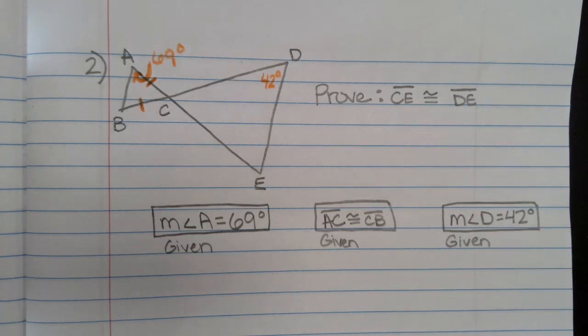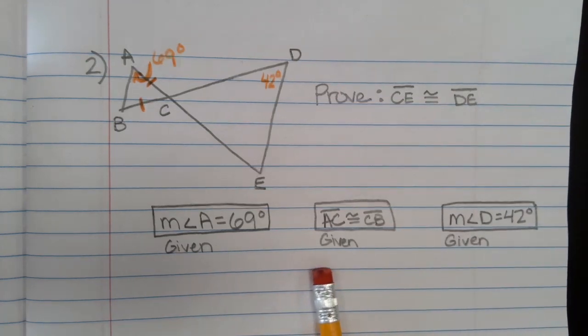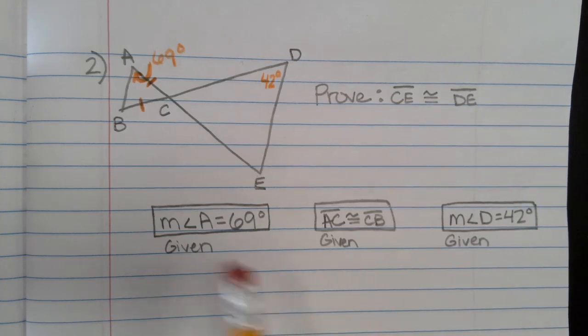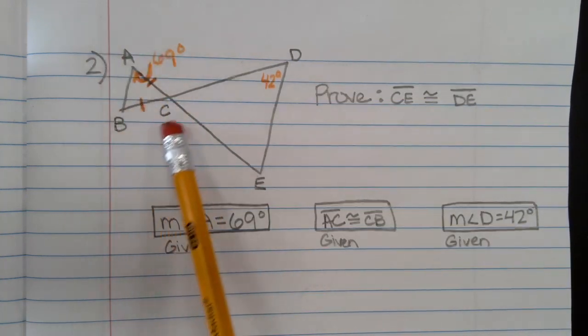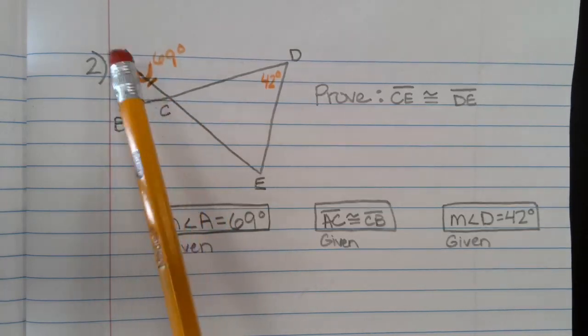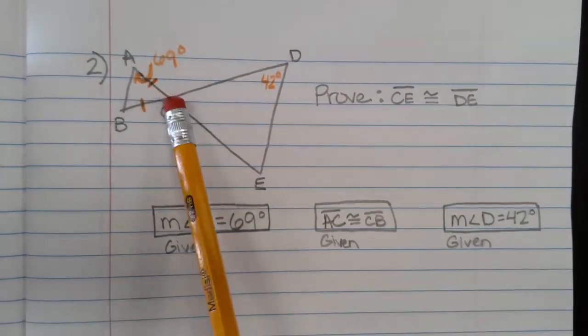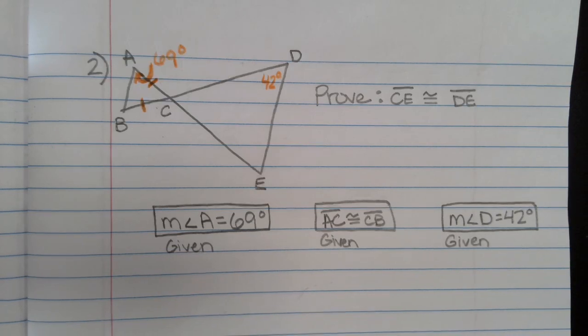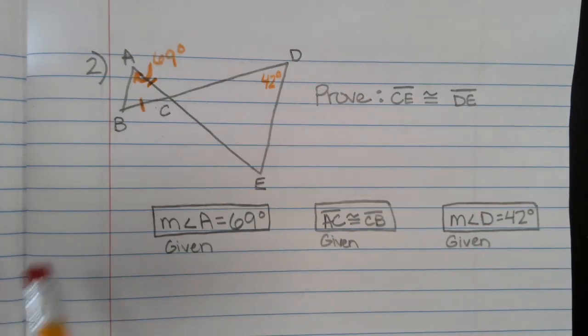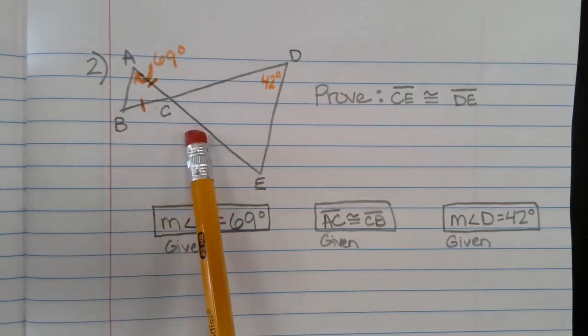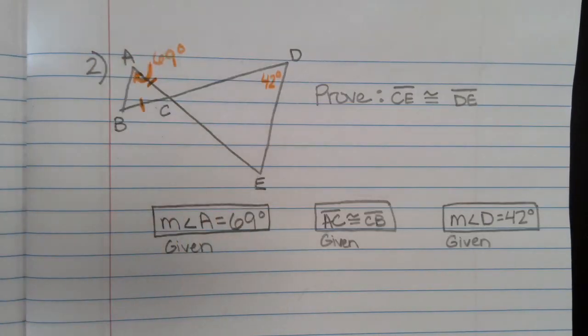Alright, so based on what we know, if I have two sides of a triangle that are congruent, what does that tell me about my two angles? They're congruent. So in this first triangle, if I look at ABC, I know AC is congruent to CB. So which two angles would be the same? Would it be AB, BC, or CA? AB. Good.